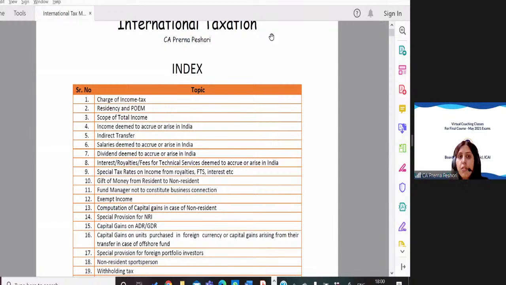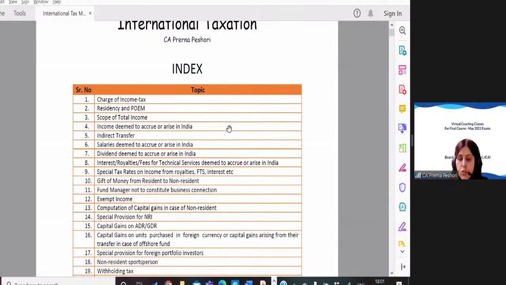Now, first of all, what I'll be covering under non-resident taxation is the residential status, the income accruing or arising in India and deemed to accrue or arise in India concept, and certain provisions under the Income Tax Act which are specifically applicable for non-residents.